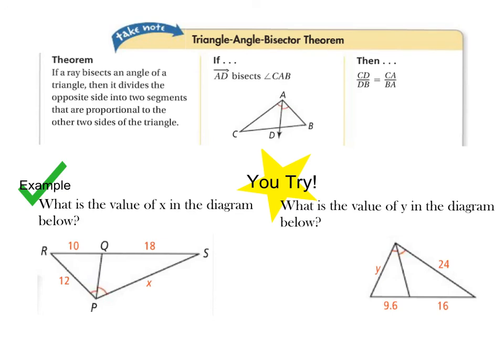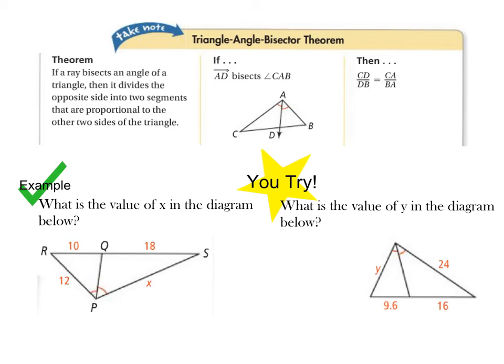Alright, and now we're going to look at the triangle angle bisector theorem. So the triangle angle bisector theorem says, if a ray bisects an angle of a triangle, so here's ray AD, and it's bisecting the angle CAB, this angle right here, and it indicates that by these little arcs showing that this is an angle bisector, cut it in half.